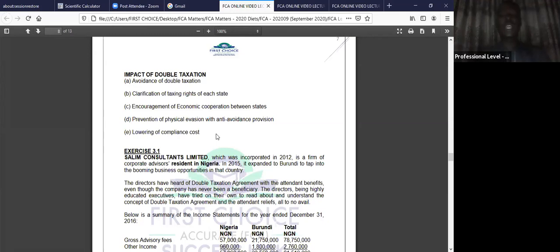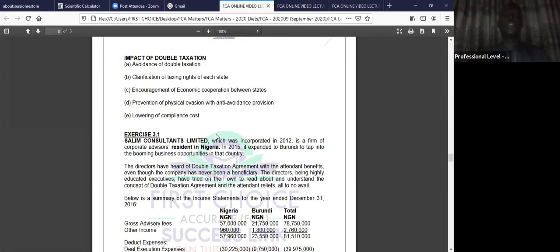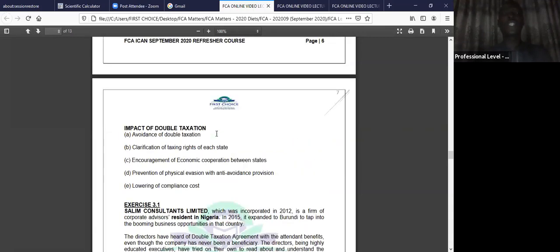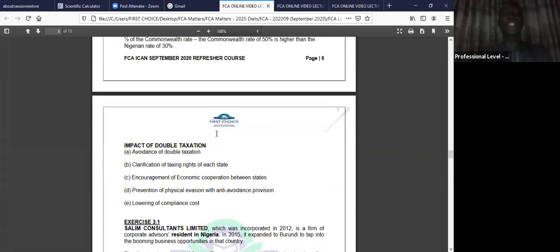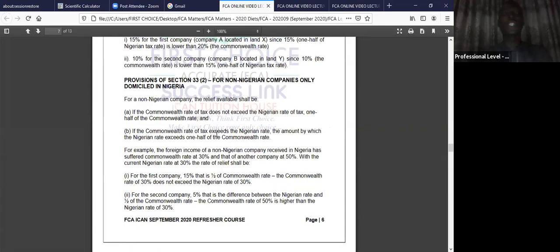So you see here now that we are in this topic, we are mainly dealing with Nigerian companies earning income outside. Like I said before, subsection 2 of section 33 also has a bearing on foreign companies, special businesses too.